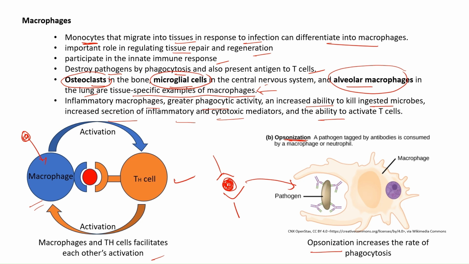Clear? So they can engulf the antigen without binding with antibody also, but if antibody is bound with antigen, then the process becomes fast, and this is known as opsonization. Opsonization means the rate of phagocytosis increases because the pathogen is bound with antibody. So this is the method of opsonization performed by macrophages.